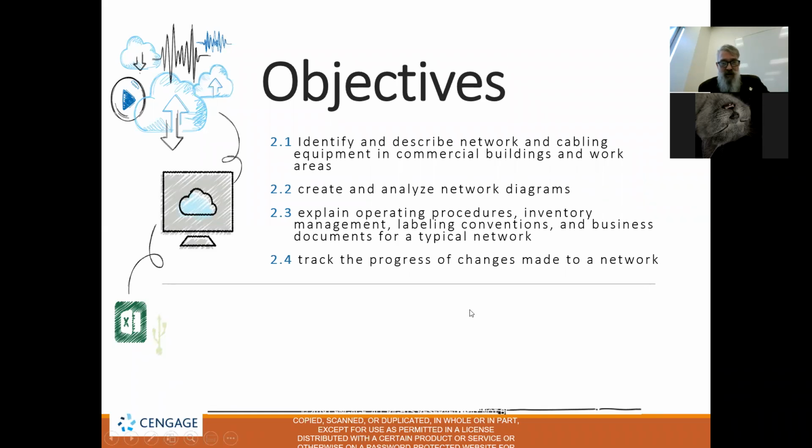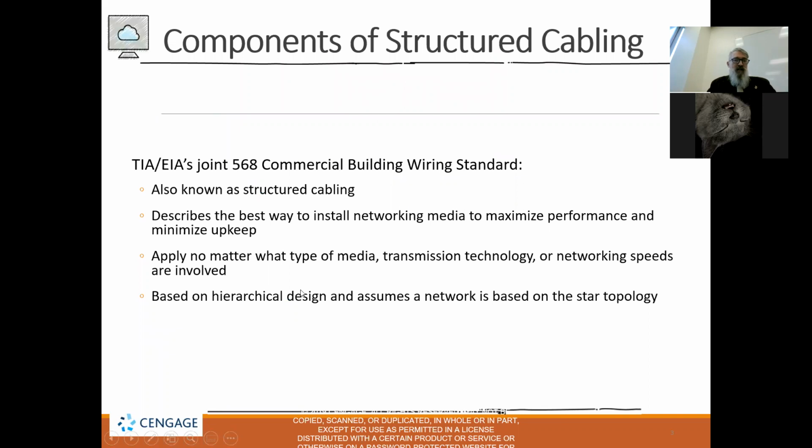All right, so TIA, EIA, we refer to their standard when we talk about structured cabling. We have a bunch of terms that are TIA, EIA, and when we use that term, we know what type of cable we're using and where we're using it.